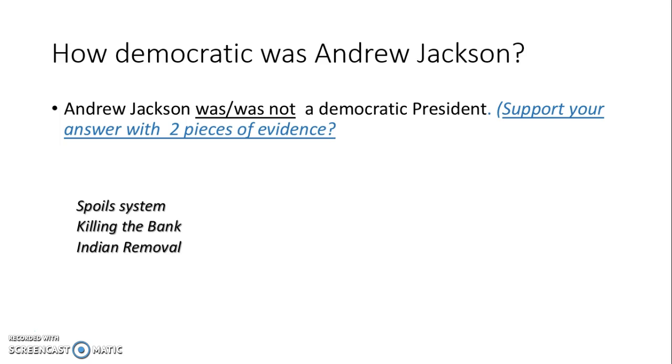One of the reasons why was proved in the documents about the spoils system. You have to explain each one and how it comes back to this question. Did you give evidence to prove this? When you're done with this, it will be turned in. It gives me an idea of whether you understood the topics of Jacksonian democracy. And let me know if you have any questions at all.